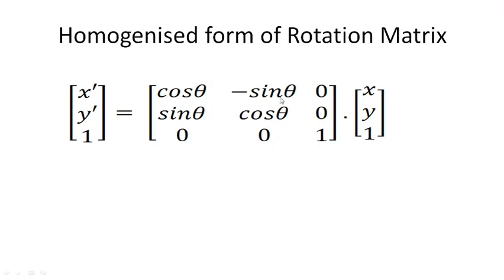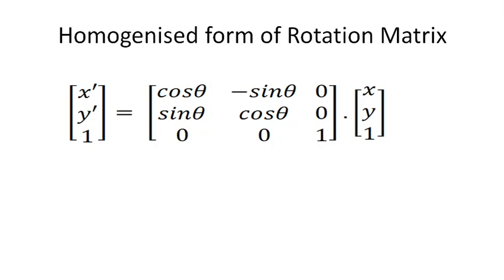You place a rotation matrix and multiply it with the point matrix. You will get the resultant matrix, and compare that matrix to this matrix. By doing so, you will get the new position of the original point after rotation through theta degrees.